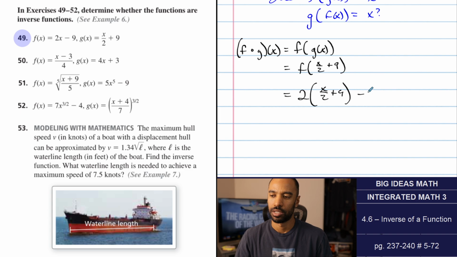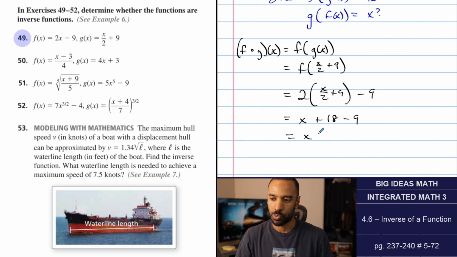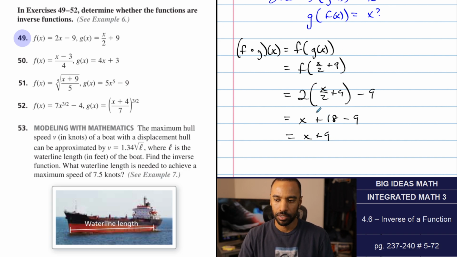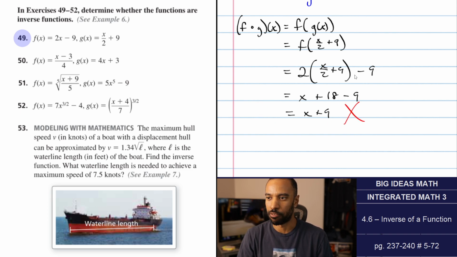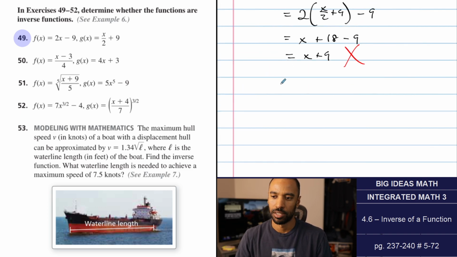We distribute the 2 into here. 2 times x over 2 is x. 2 times 9 is 18. 18 minus 9 is 9, so we get x plus 9. We didn't just get x out. Therefore, that's a wrongo. I'd probably put it on this side, which is a way of saying that these are not inverses. F and G are not inverses.